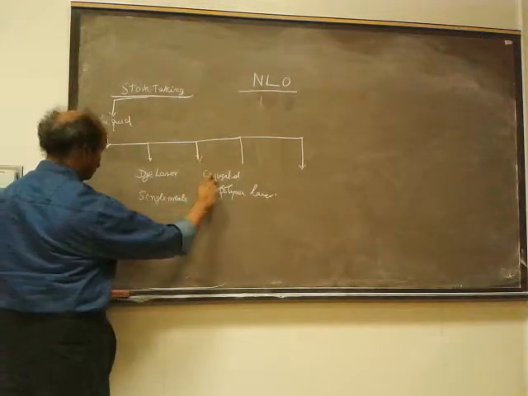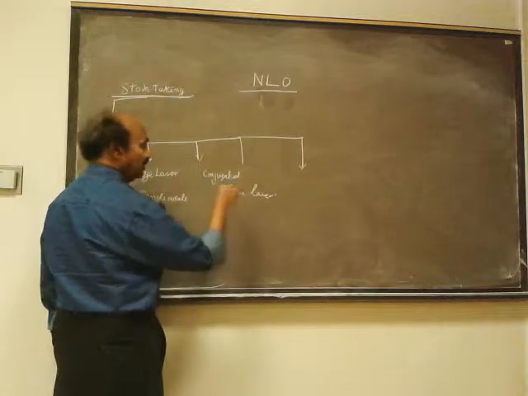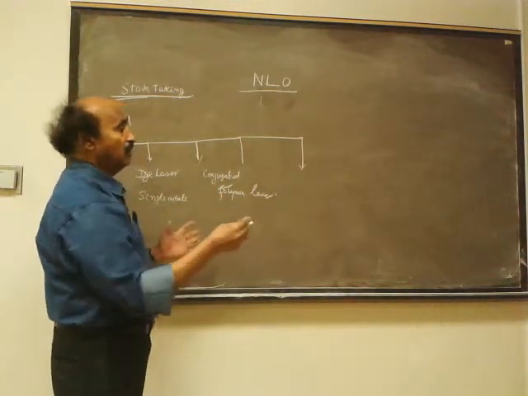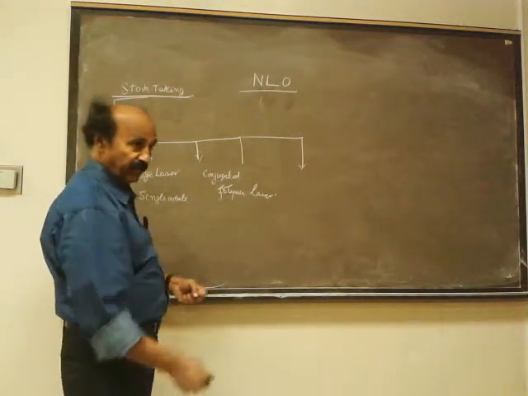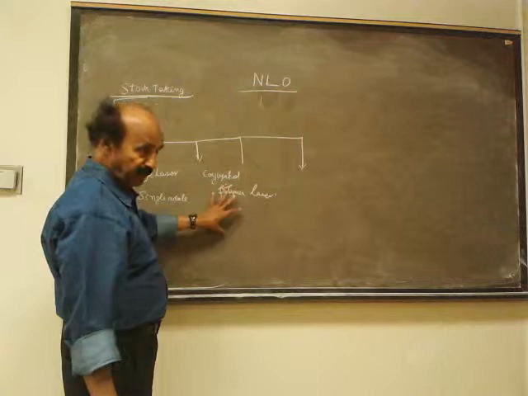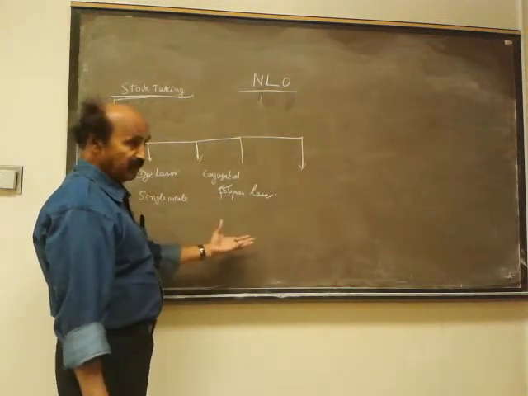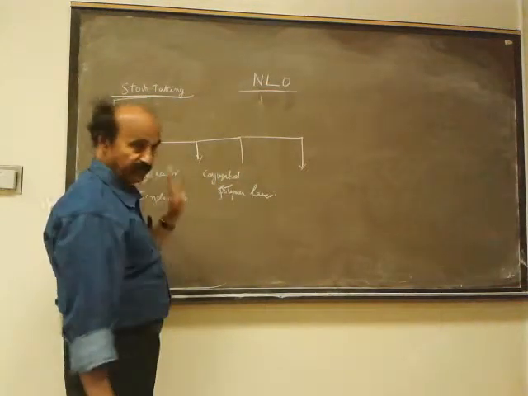In the conjugated polymer laser, one molecule is tied to another molecule, tied to another molecule, like that. A few thousand molecules are tied, and then it becomes a polymer. If you properly prepare this kind of polymer, it will behave very much like a dye laser.